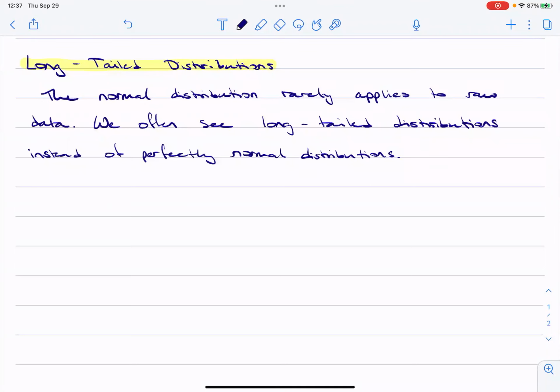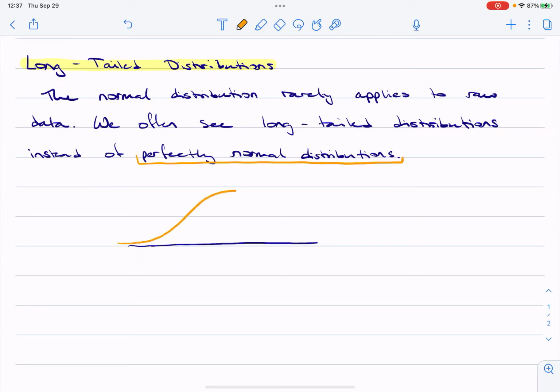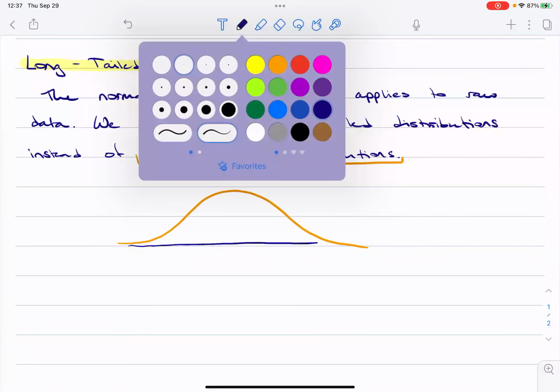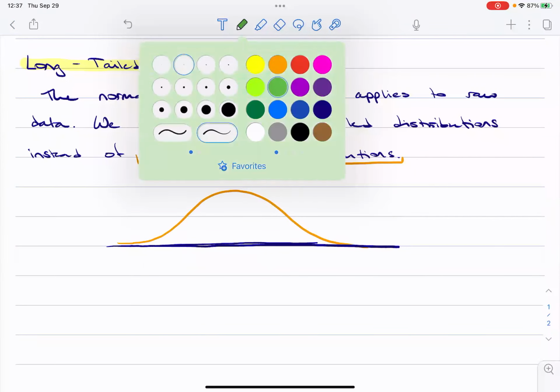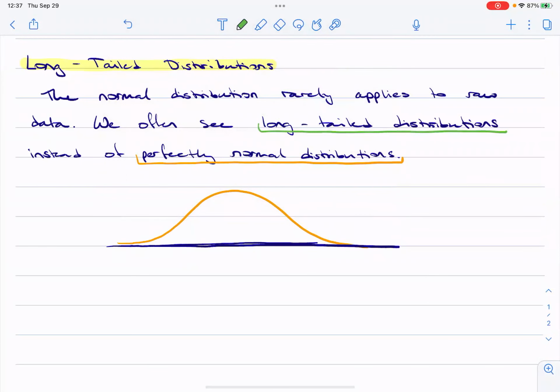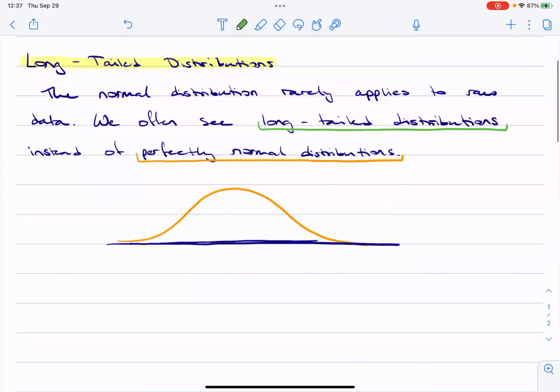So in terms of the distributions, if I draw them here, if I start with a perfectly normal distribution, I'll do my best. Here we go. Might look something like this. I'll draw this line here. Whereas a long tail distribution is going to have more thickness in the tails, right?